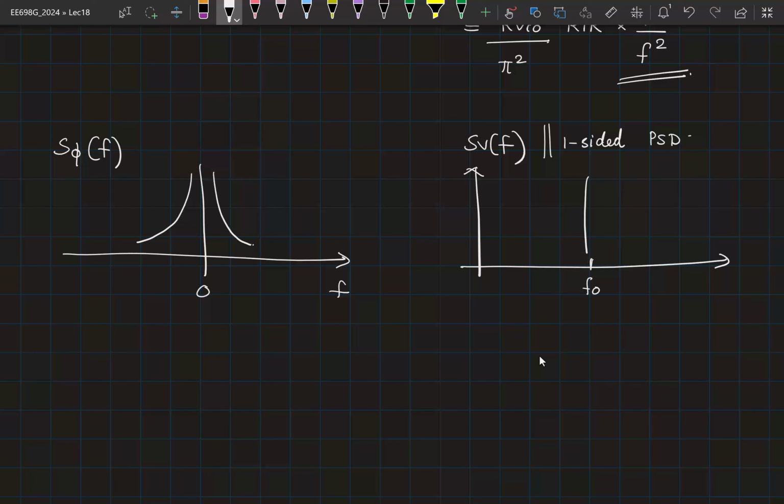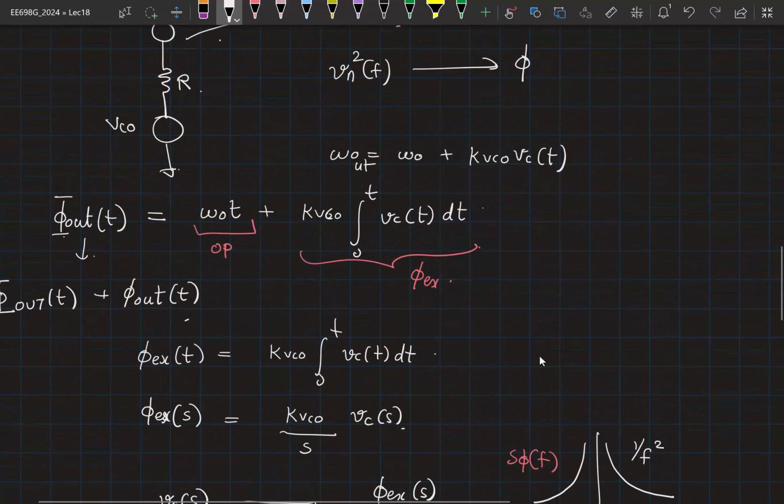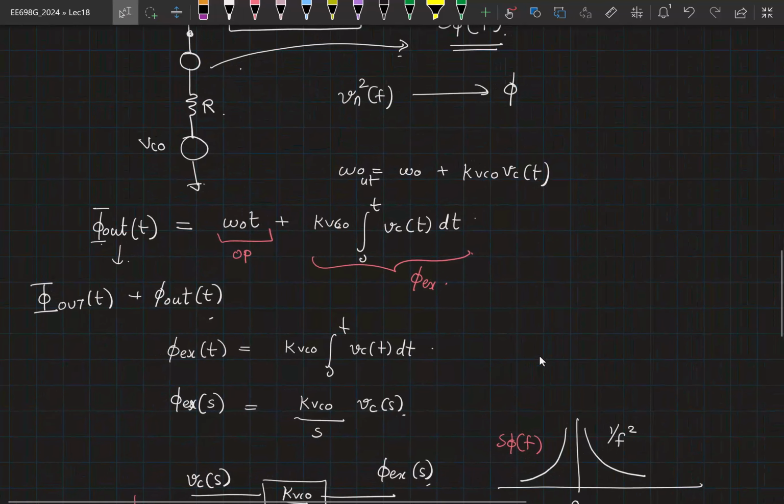So around f naught I will have the impulse. S_V out of f, right? This is S_V out of f. S phi of f contains both excess phase as well as total phase. Here the phi excess is what we calculated.